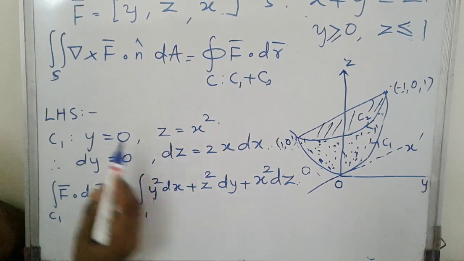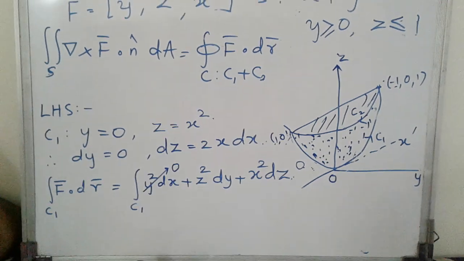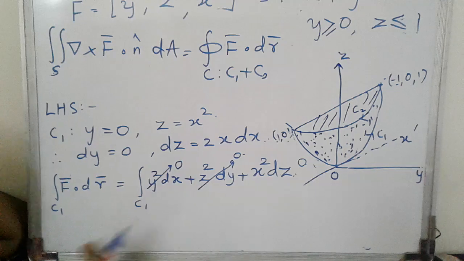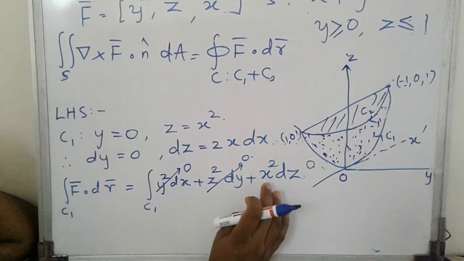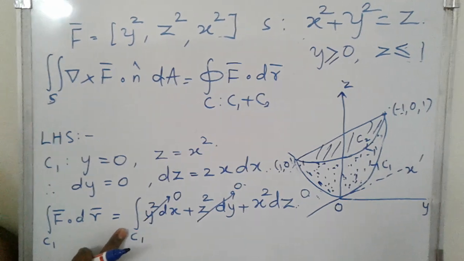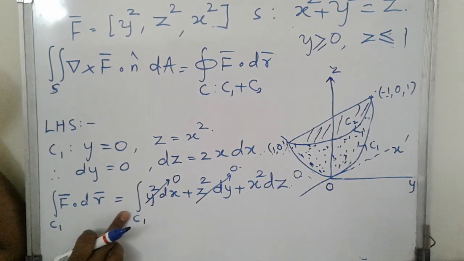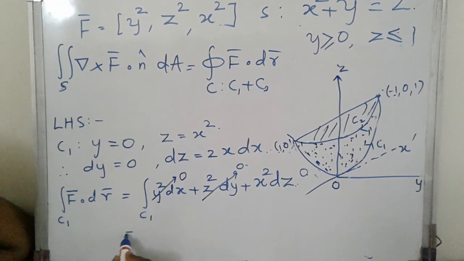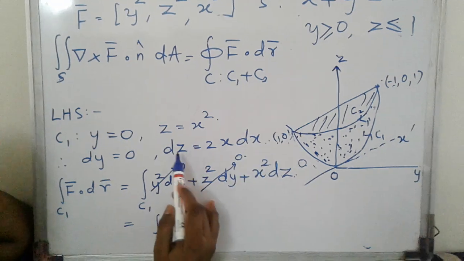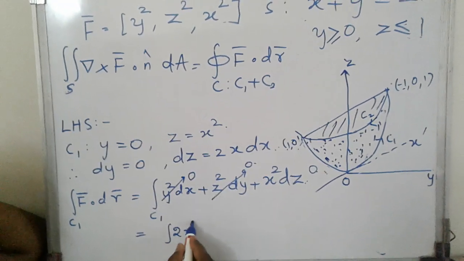Now let's use the data for the path C1 to evaluate this line integral. Y equal to 0 is given, so this term will vanish and tend to 0. Dy is also 0, and therefore this will also tend to 0. We are left only with x square dz. We are evaluating a single integral, therefore the integration has to be with respect to only one variable, and we'll see that it is with respect to x. So x square into dz, substituting here, is twice of x cube dx.